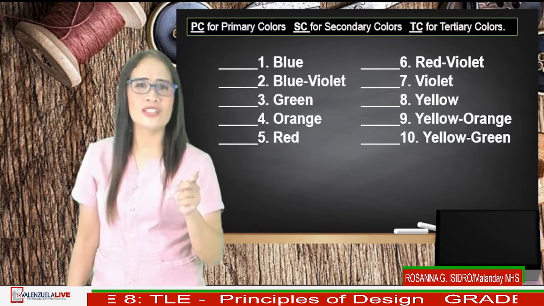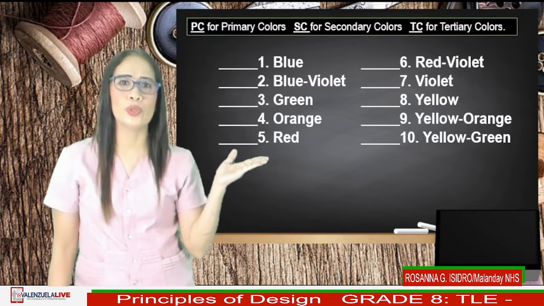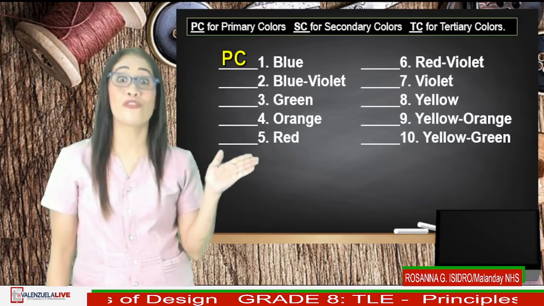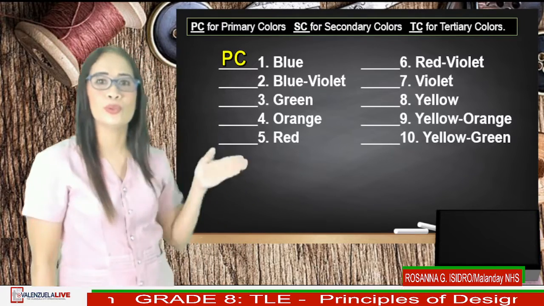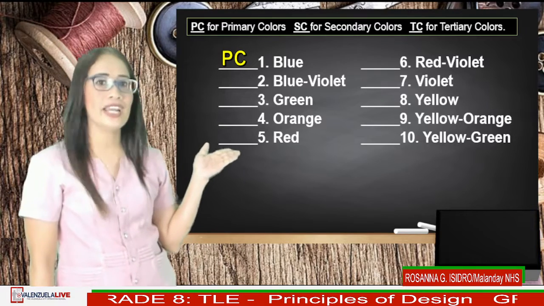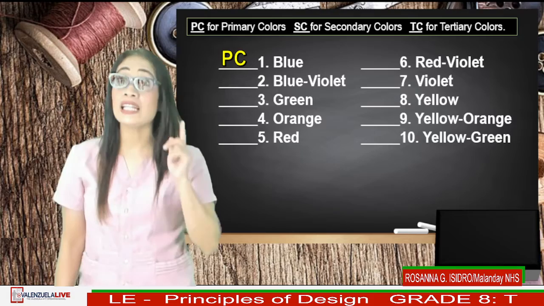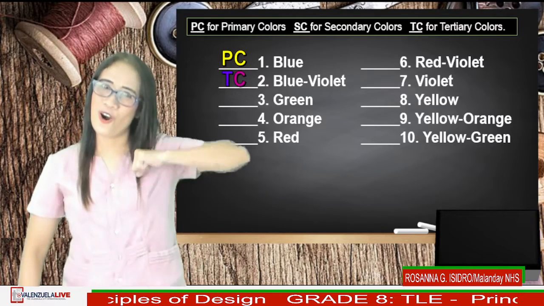Now, let us answer the following. For number 1, blue. If your answer is PC or primary color, you are correct. Number 2, blue-violet. If your answer is TC or tertiary color, you're right.